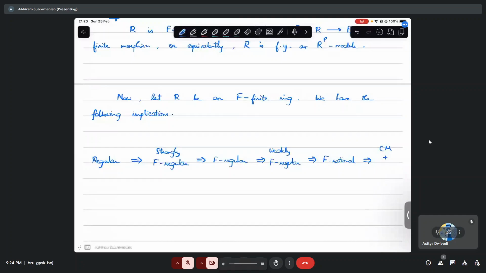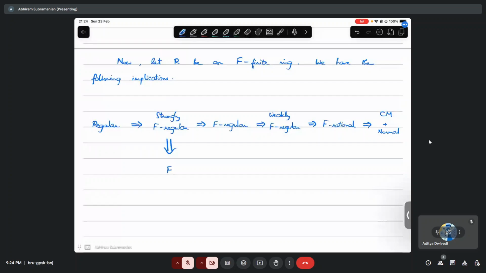Normal. And this goes to the bottom line, which is F-split. This is if and only if F-pure, which implies F-injective, which implies reduced.